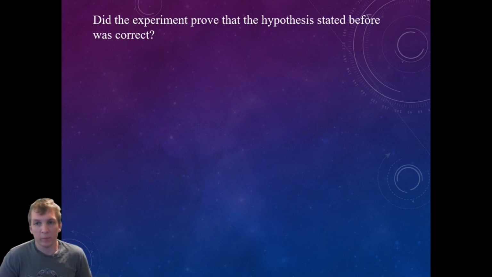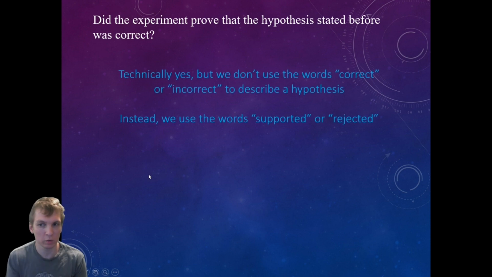Did the experiment prove that the hypothesis stated before was correct? Well, technically, yes. But in science, we don't like to use the word correct or incorrect to describe a hypothesis, because correct and incorrect implies that it's a certain thing, that we have absolute certainty that nothing else was involved in the experiment, and that definitively what we have concluded is what's causing the results.